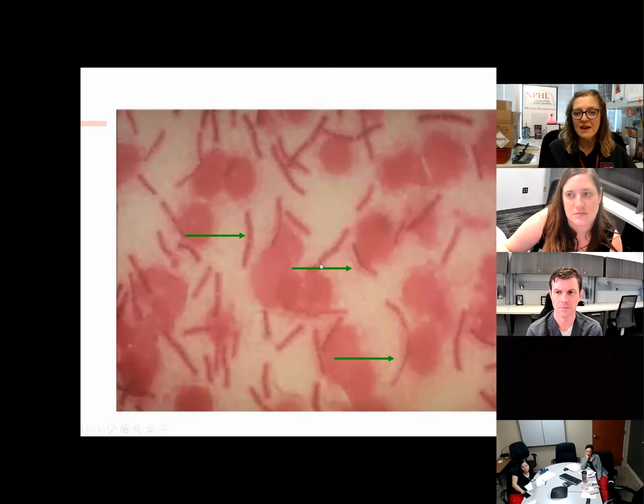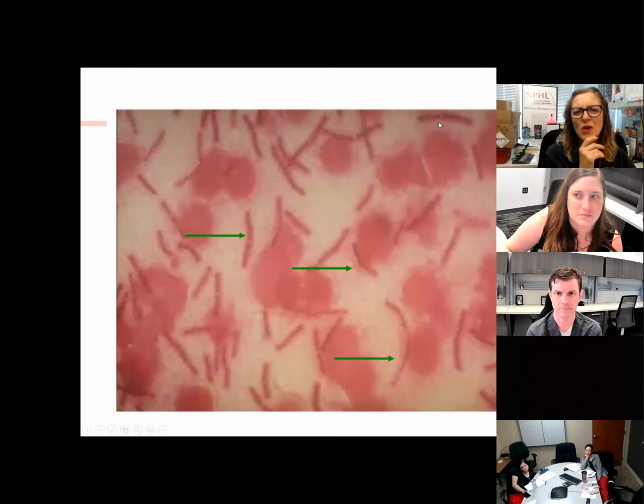And if you had enough experience, you'd notice where these green arrows are, that they seem to have a clearing around these organisms. That would be encapsulation, which is what we read on our summary page. Now, more than likely, we don't have organisms that have spores, because this organism came from the specimen itself at night, and not from the plate the next day.